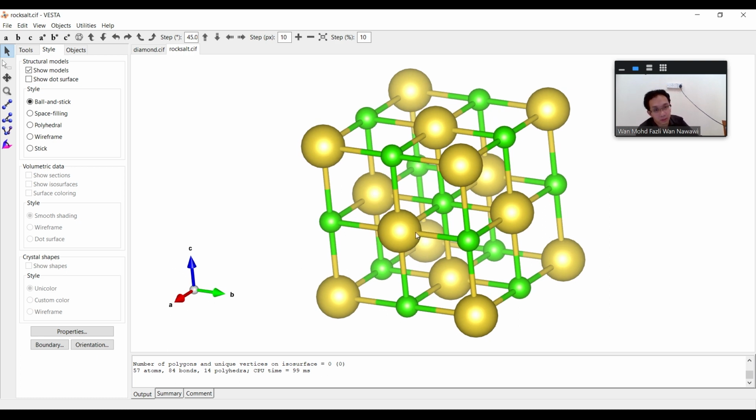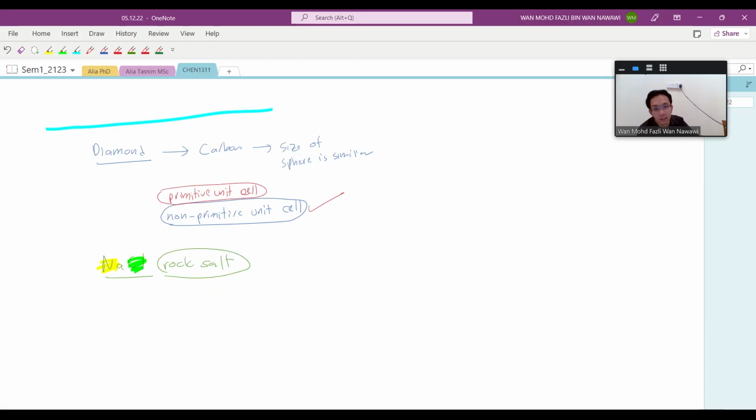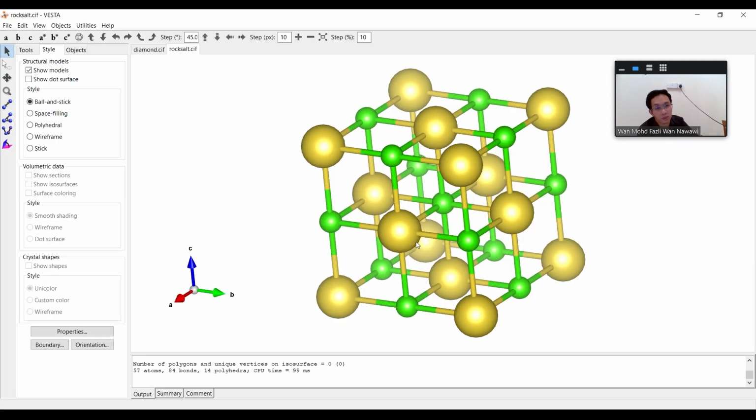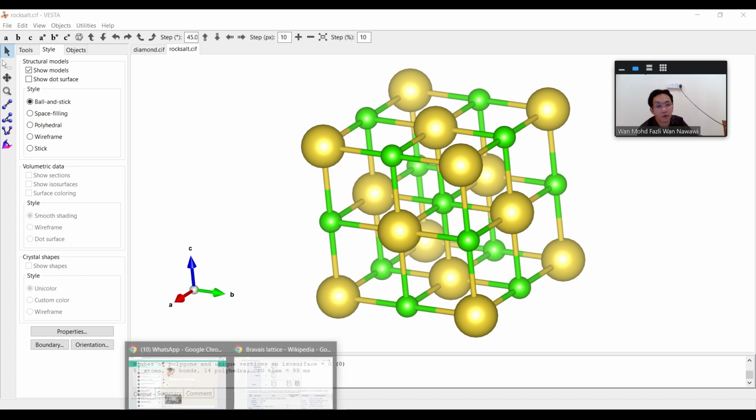also. If you look here, these are the faces, and I don't know whether this is chlorine or sodium, either one. Let me check. Chlorine is bigger, so if you want to know which one is chlorine and which one is sodium, just look at the periodic table to see which one is bigger.